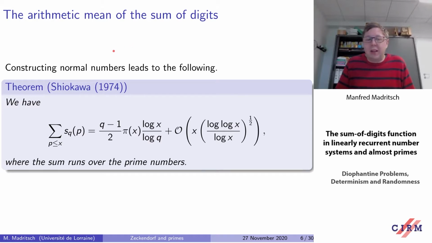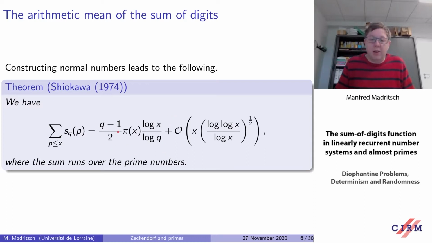And when constructing normal numbers, you have to count the occurrences of a single digit and also of a digit block. And Shiokawa in '74 used this construction to show that the arithmetic mean of the sum of digits function, when it runs over the primes, is the expected one.